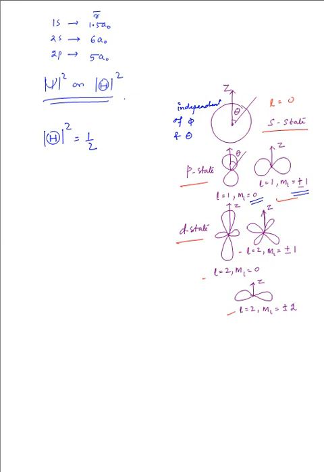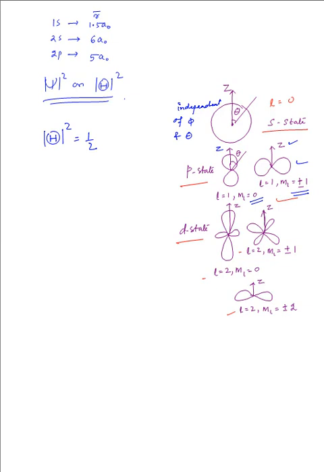As you can see, there has been a shift to a plane perpendicular to the z-axis. The z-axis is still there, it does not change. However, now those dumbbells that were vertical are horizontal. Those dumbbells represent the probability of finding the electron at those points.